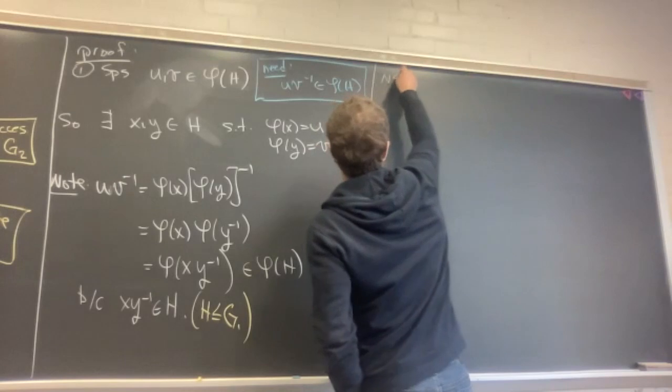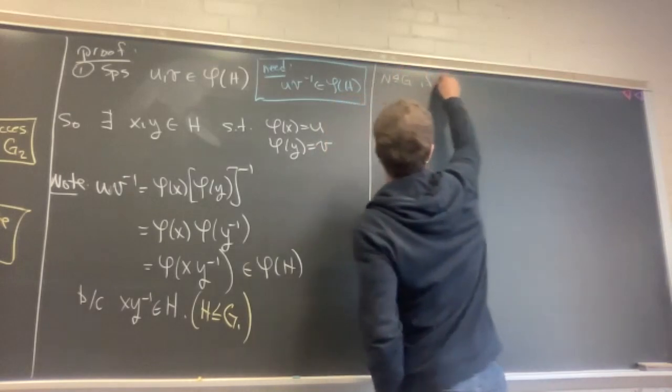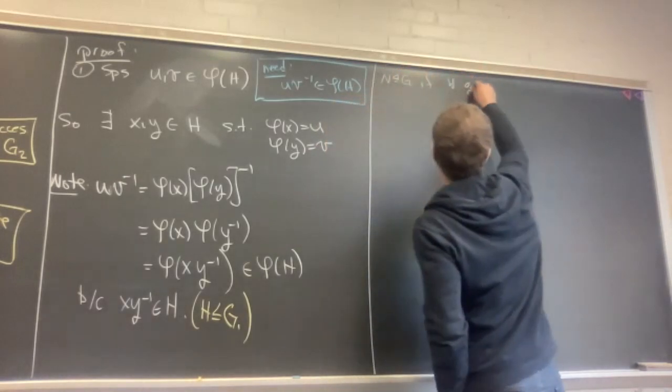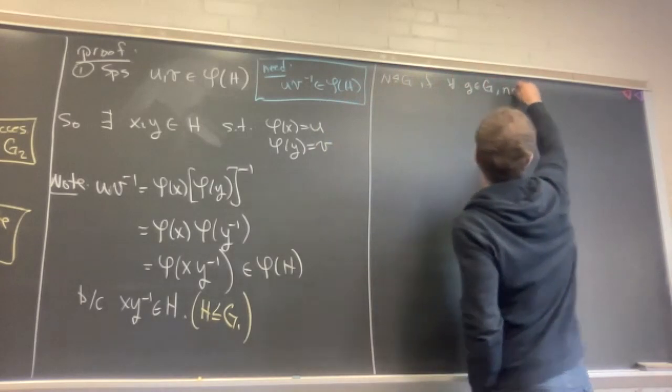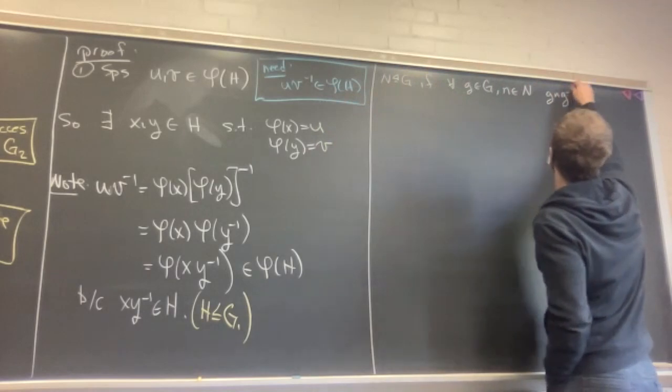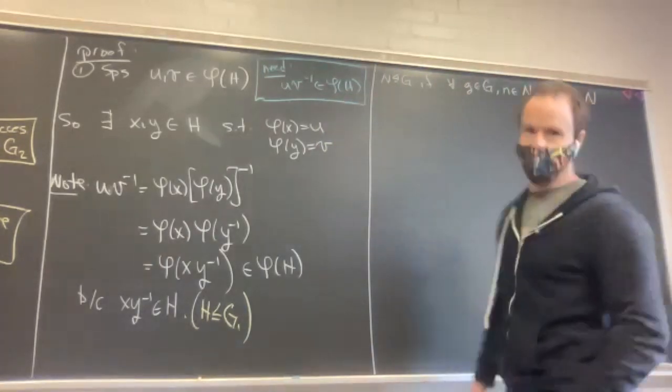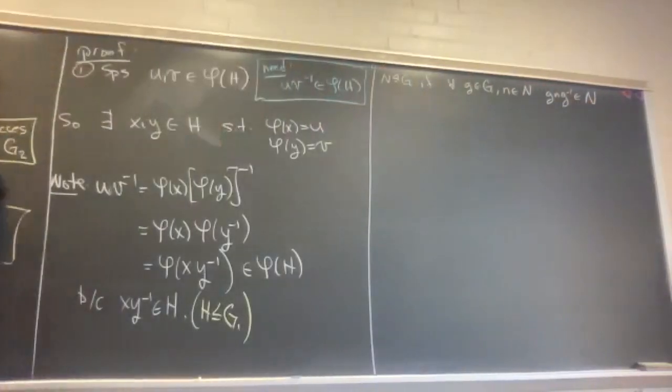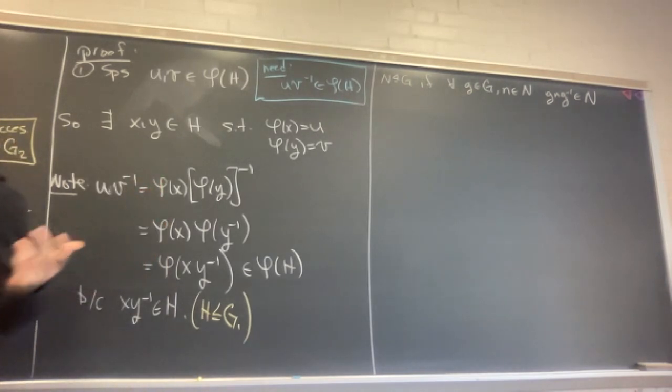N is normal in G if for all g in G and n in N, g n g inverse is in N, right? That's the element-wise definition of normality. There's a bunch of definitions, but I think this is the easiest one to do calculations with. It's not as elegant to write down, but it's the easiest one to check things with.